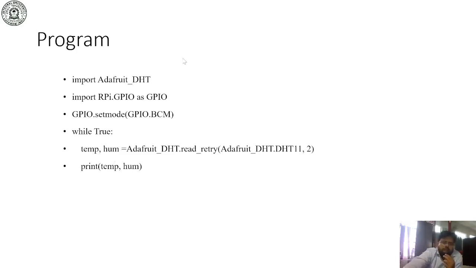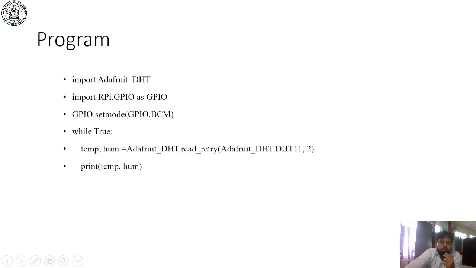And this Adafruit_DHT.read_retry is a function that we use for reading the temperature and humidity from the DHT sensor. And here we have to mention which particular sensor we are using.